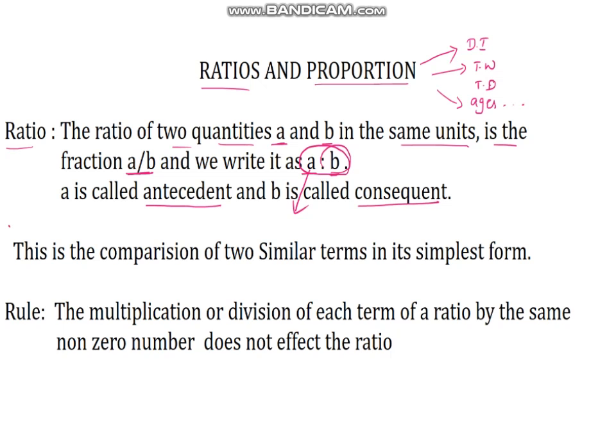The ratio means the comparison of two similar terms in its simplest form. Here similar terms means ages of two persons, or weights of two persons, or heights of two persons, or investments of two persons, and so on.